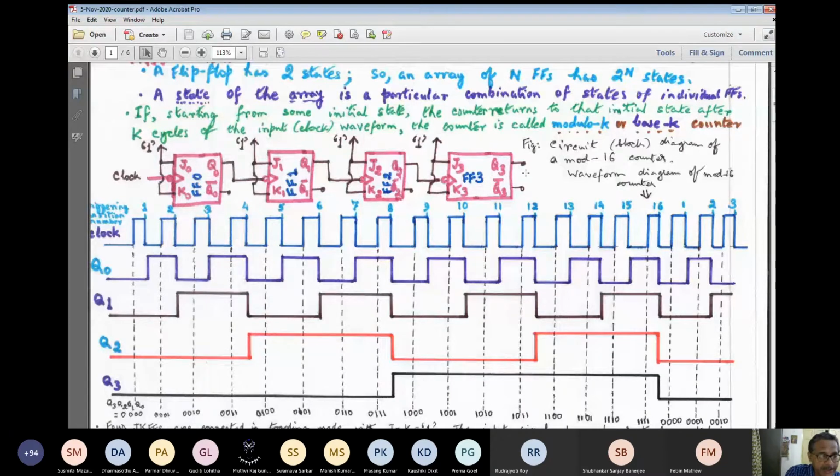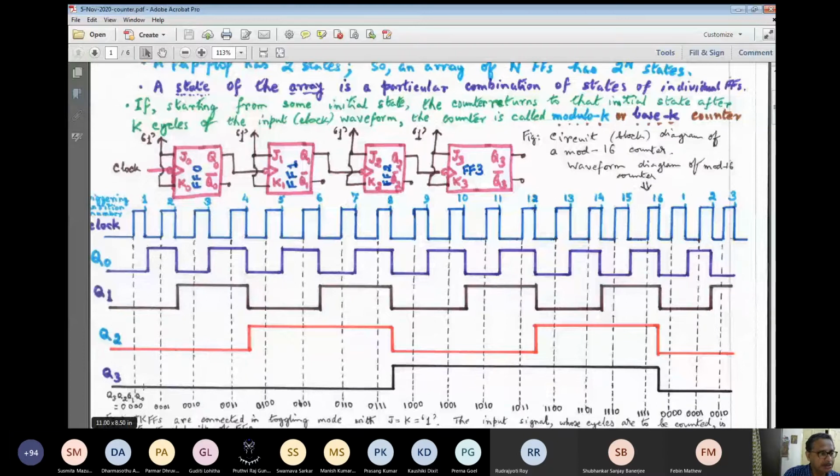So if we write out the state of the counter by noting the state of the rightmost flip-flop first, followed by its immediate left neighbor, and so on until the leftmost flip-flop, say Q3, Q2, Q1, Q0, then we can read the state of the counter. So here the initial state is 0, 0, 0, 0.